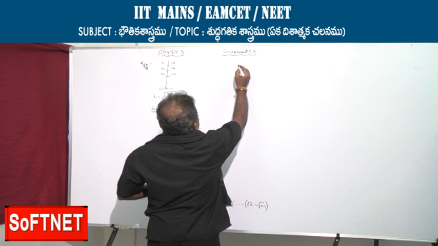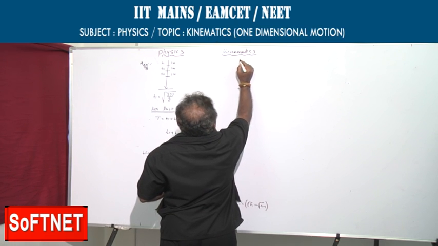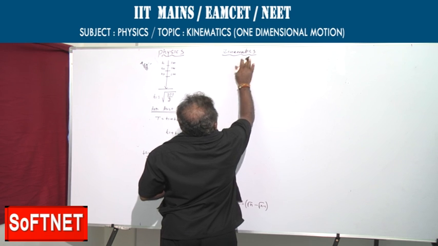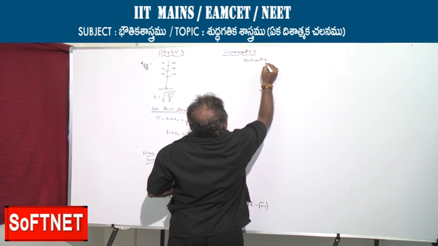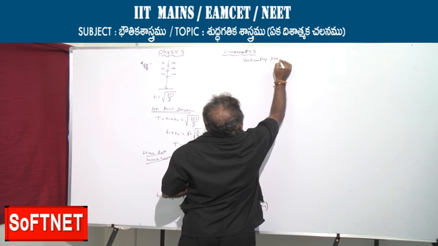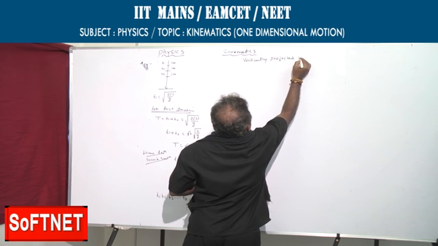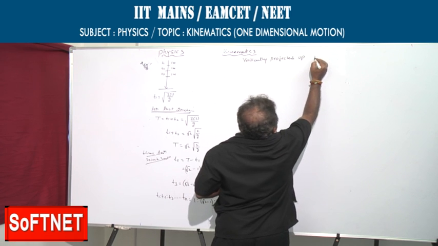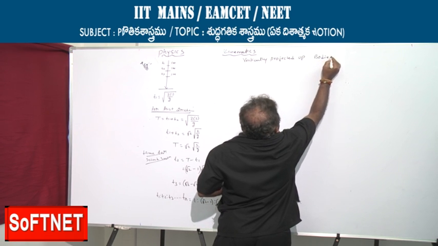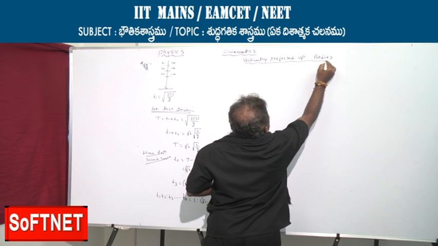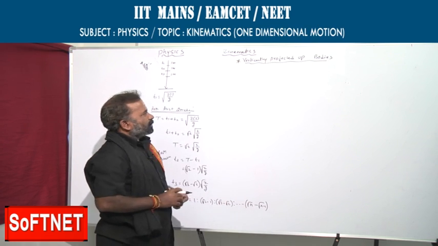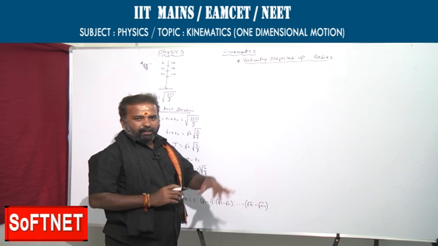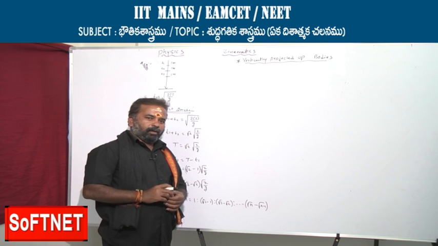When you check the vertically projected up body, this is also one dimensional motion. So in this way you can apply a number of applications either for vertically projected up body or freely falling body.